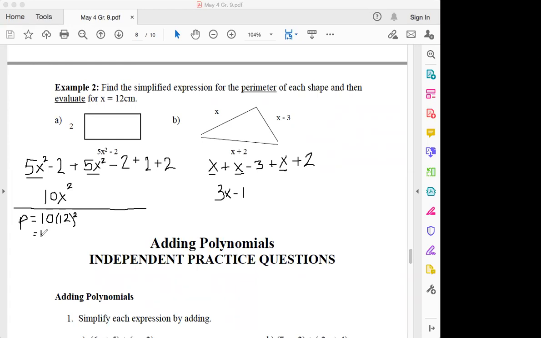Okay, and like we saw yesterday with BEDMAS, you have to do your exponent first. So 12 squared will be 144. And then you do 144 times 10, which is 1,440 centimeters.